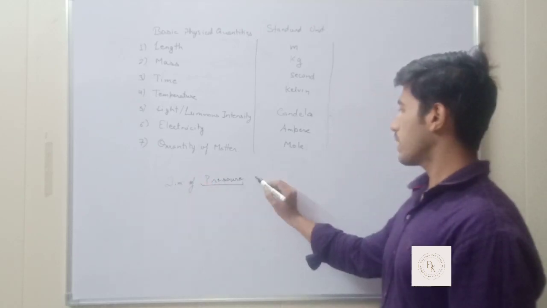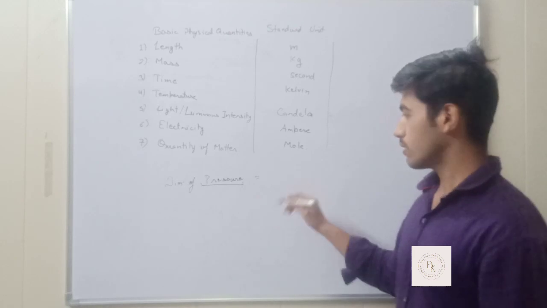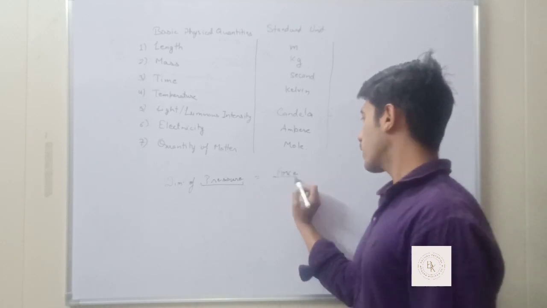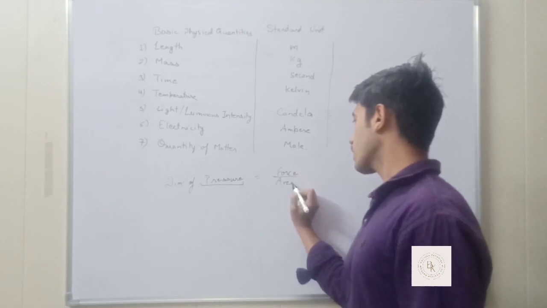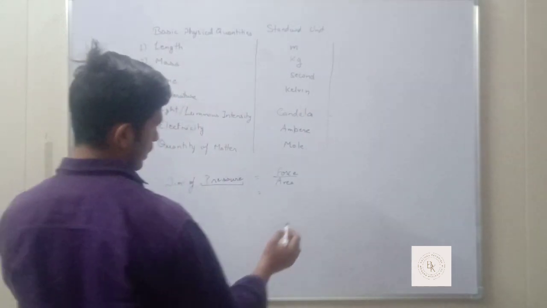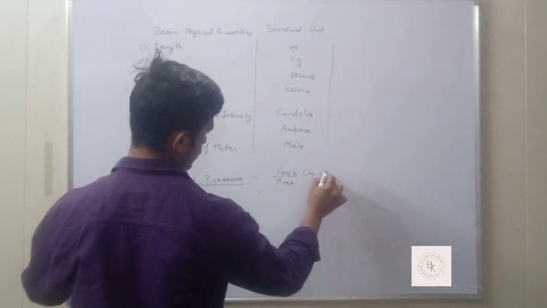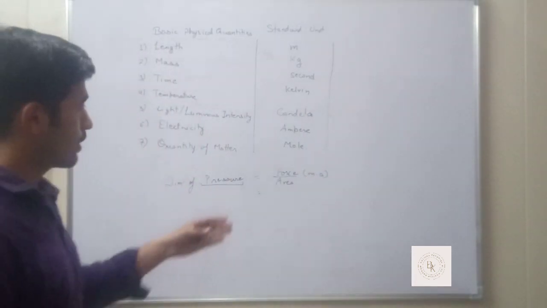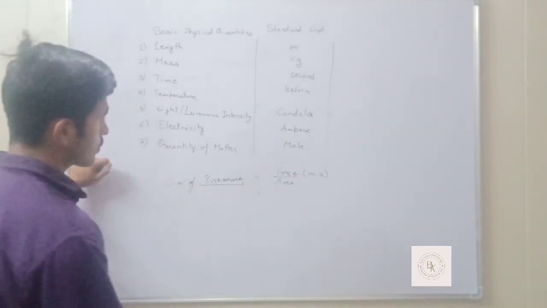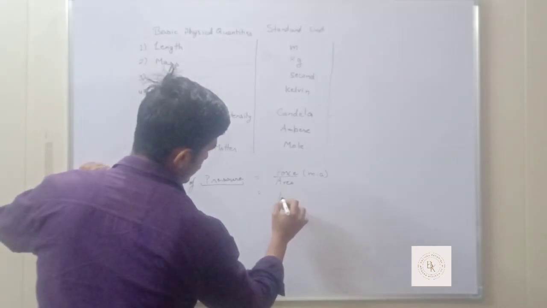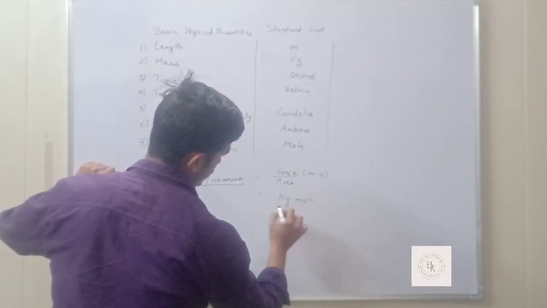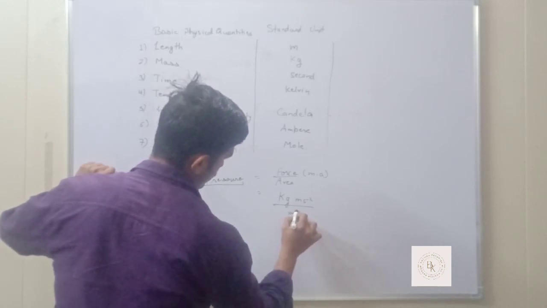It can be derived from its formula. The formula is force per unit area. Force, as we all know, is mass into acceleration. So we can say kg meter per second square, over area, meter square.